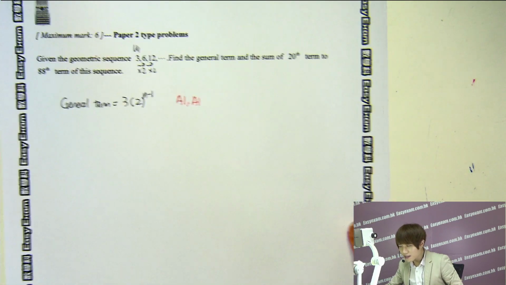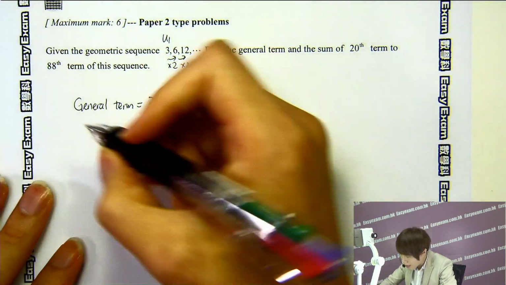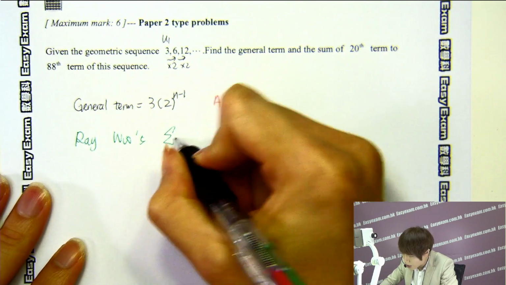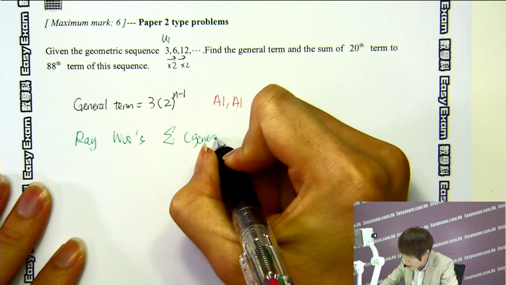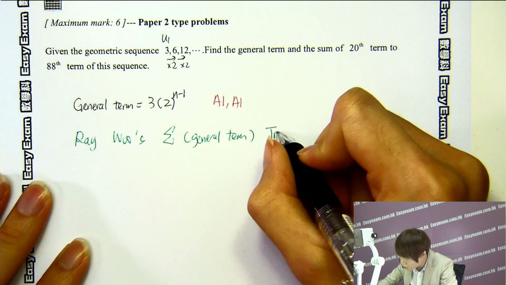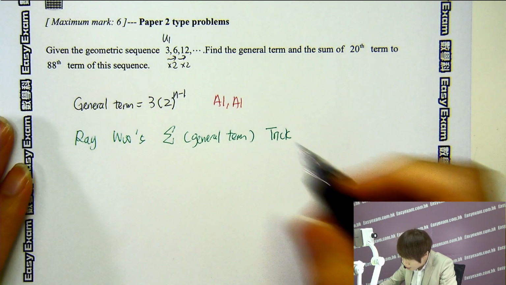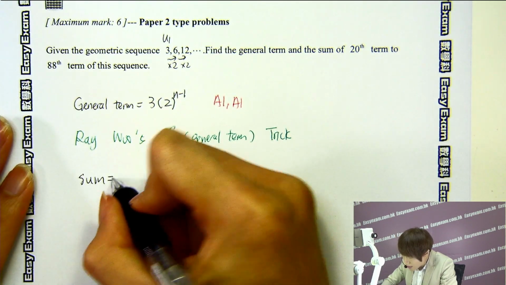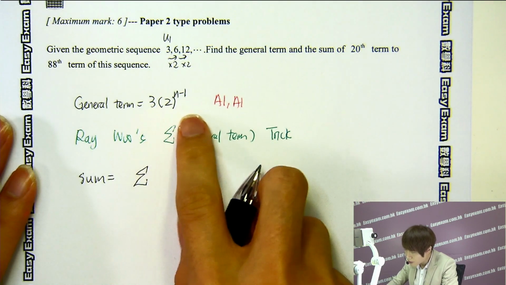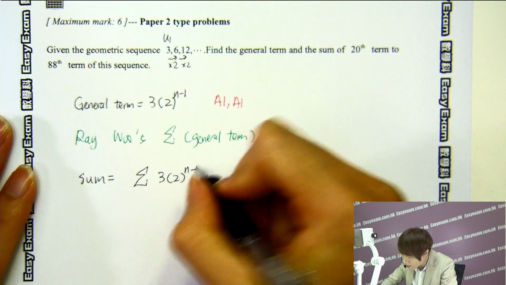Okay, so this is the time to use my magical summation trick, okay? Here I'm going to KO this problem by using the summation of the general term trick. So the sum will be given by the summation of the general term. And the general term that you have just found is 3 times 2 to the power n minus 1, okay?